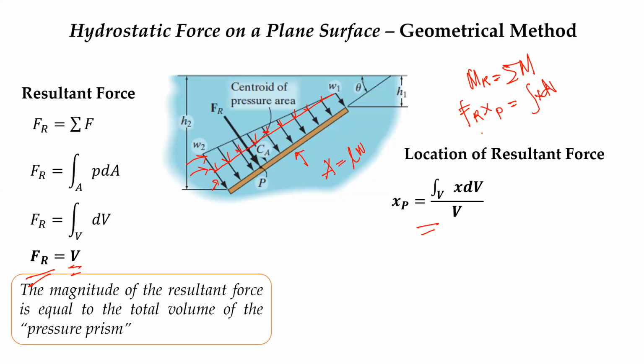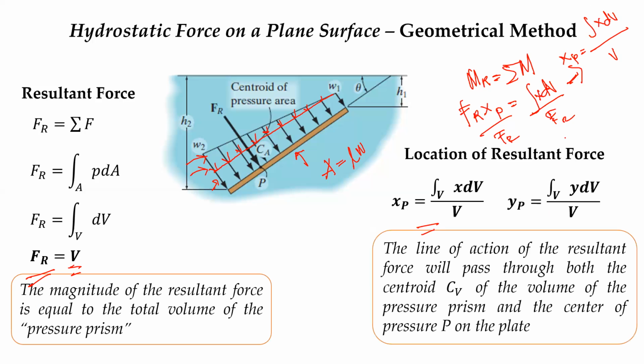So we divide both sides by F sub r, and we know F sub r is equal to V, so this becomes x sub p is equal to the integral of x dV over V. And the same is true for our y sub p.